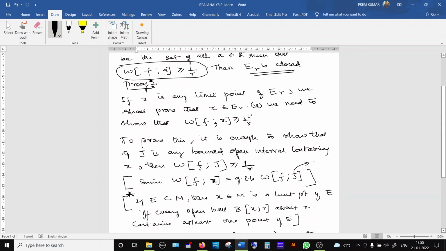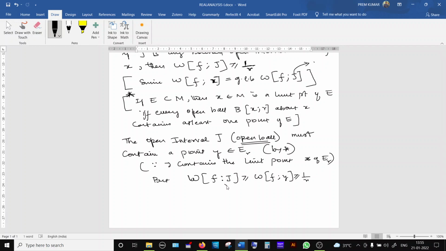So if this is greater than or equal to 1 by R, then this x belongs to ER, where x is the limit point of this set ER. If it contains its own limit point, then the set ER is closed.